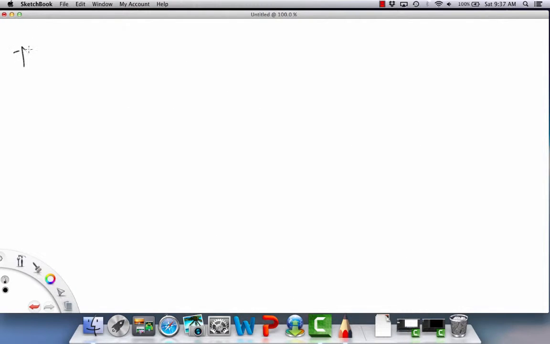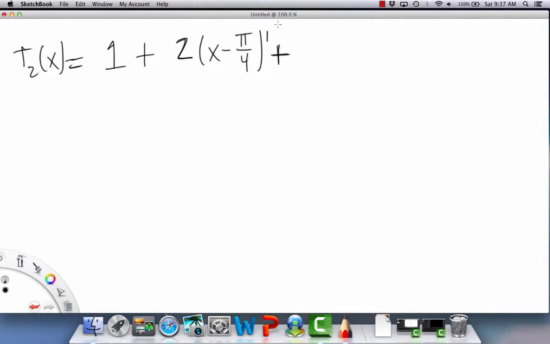So our T2(x) equals f of a, so that's f of pi over 4, which we found to be 1, plus f prime of a at pi over 4, so that was 2, and this is over 1, but you don't have to write the 1 on the bottom, times x minus a, so x minus pi over 4 to the 1, plus f double prime of pi over 4, which was 4, over 2 factorial, which is 2, times x minus a to the second.